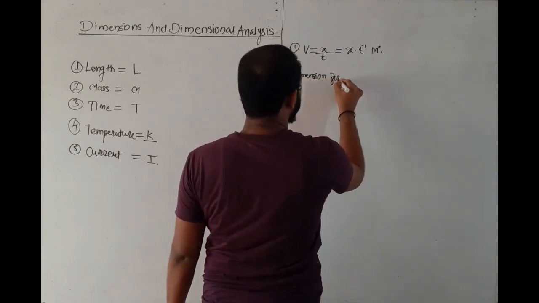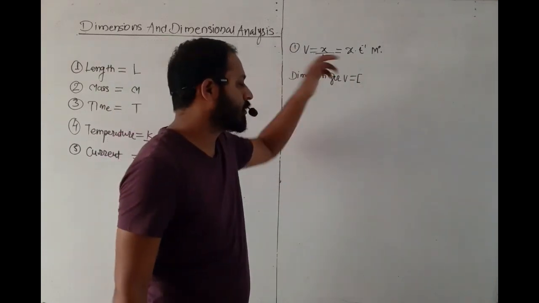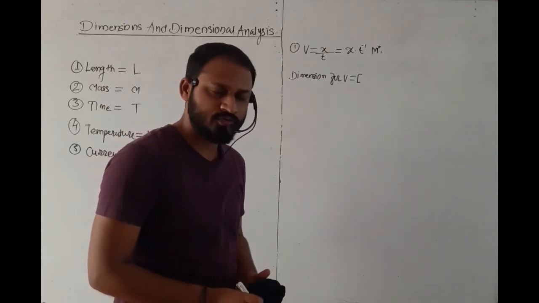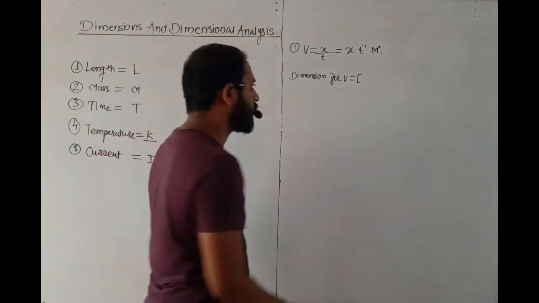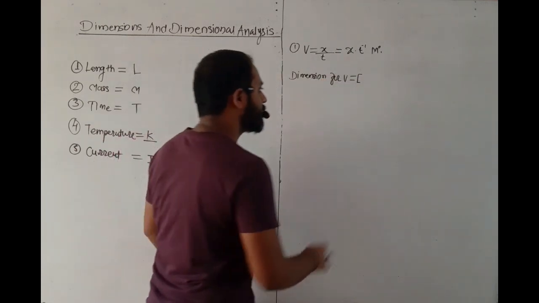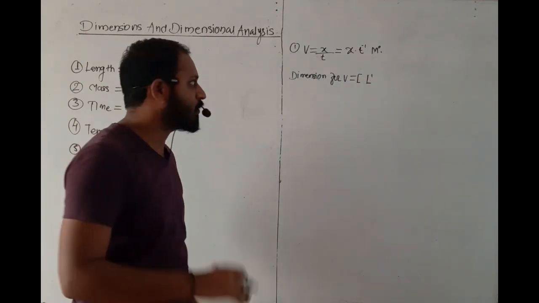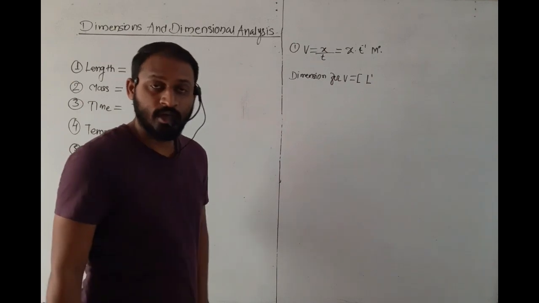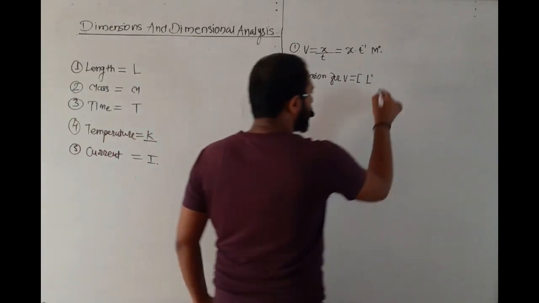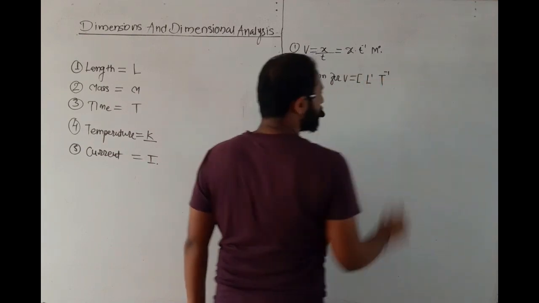Now see. Dimension for v equals to square bracket. Now see here position. Position measuring what? Position, distance, displacement, length. Okay, so I am replacing this x by length, L1. Any problem? No. Now see here small t, but time is represented by capital T. Therefore, this t is replaced by capital T and minus 1 as it is.